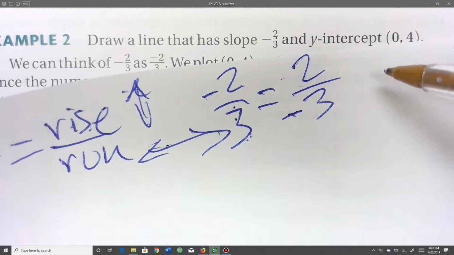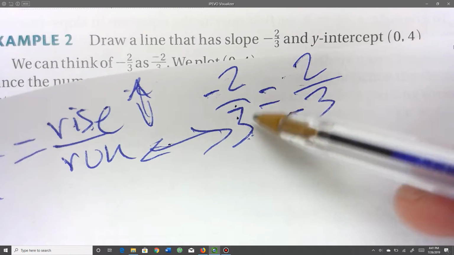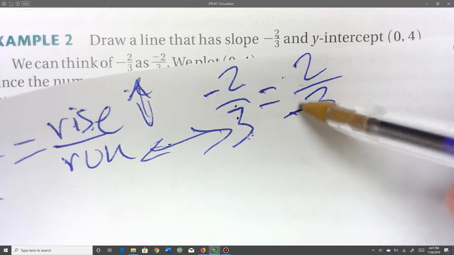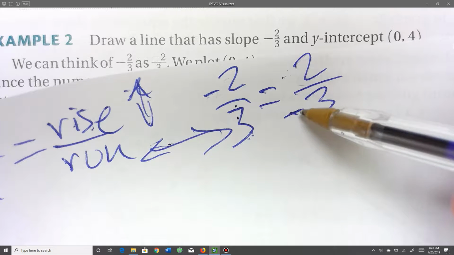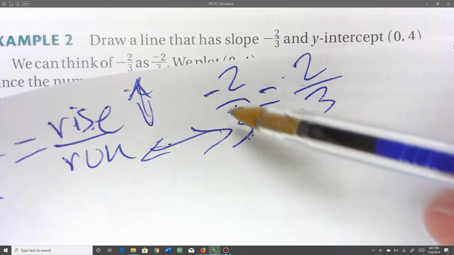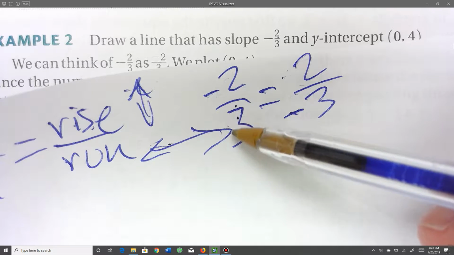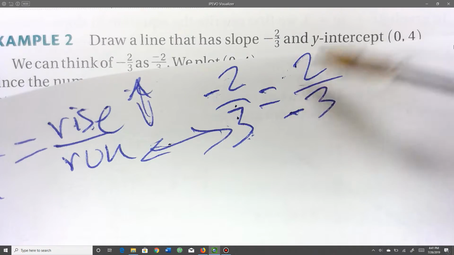So it could be that the 2 is negative, or that the 3 is negative. These two are equivalent, because I'm dividing: one of them is positive and the other is negative. They mean the same thing.